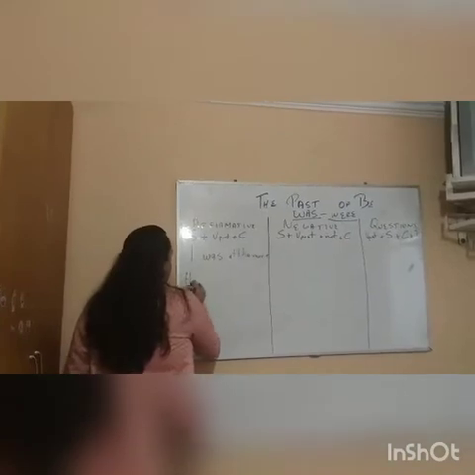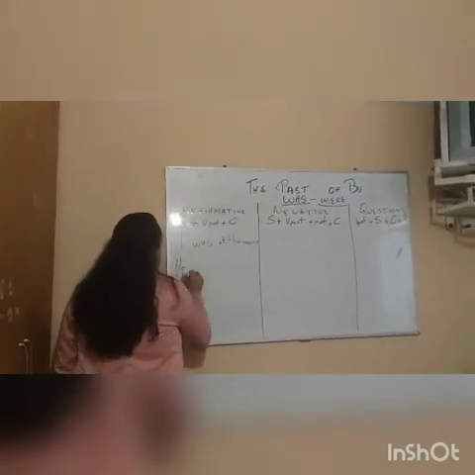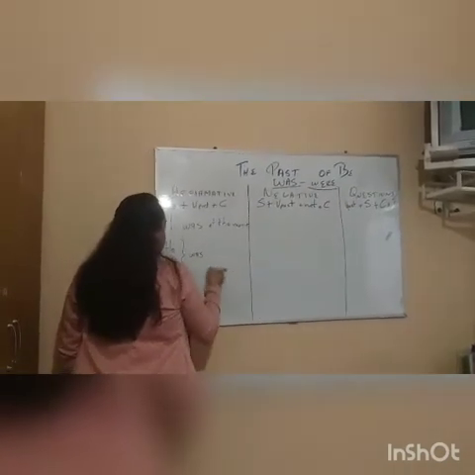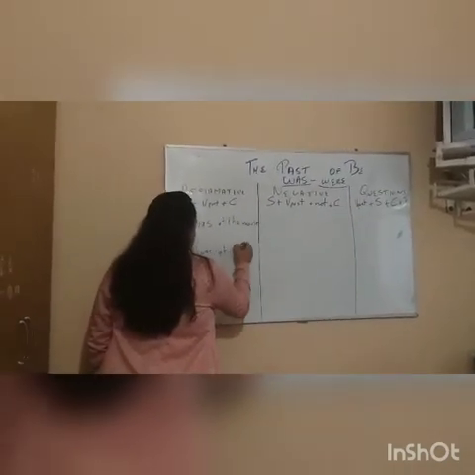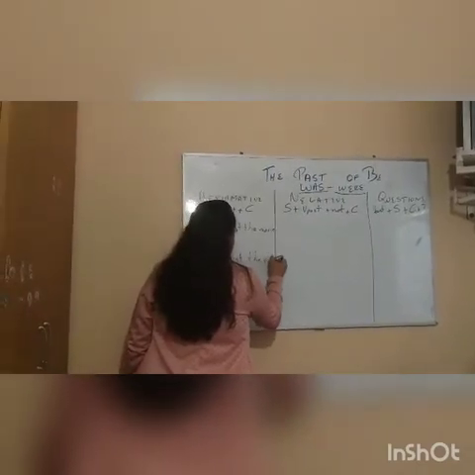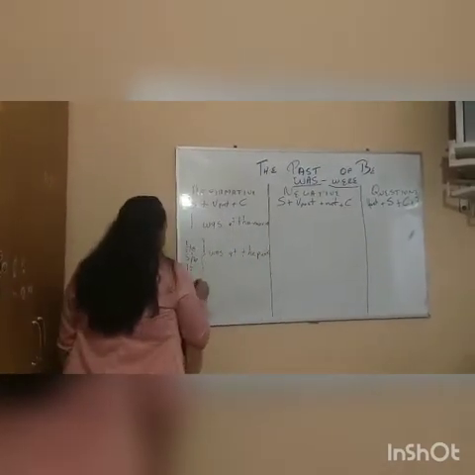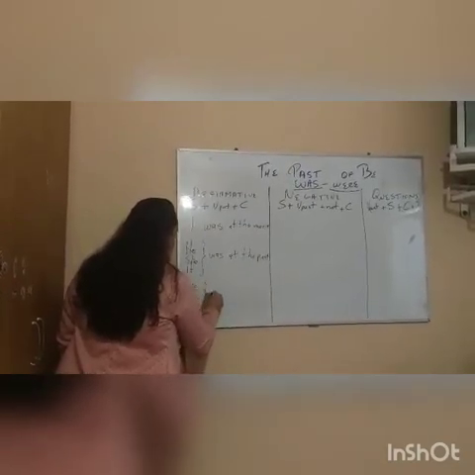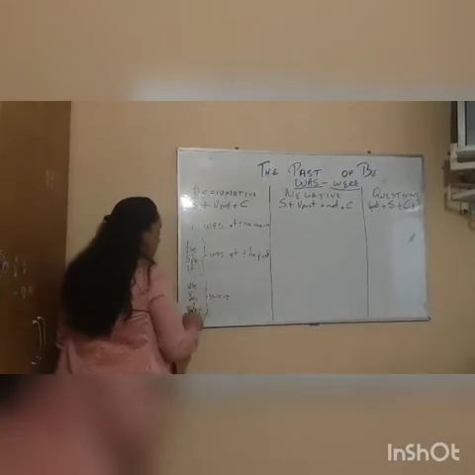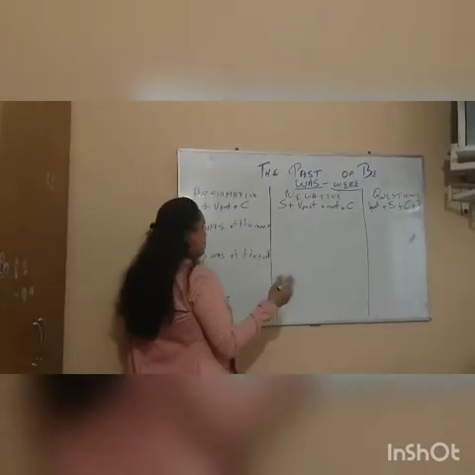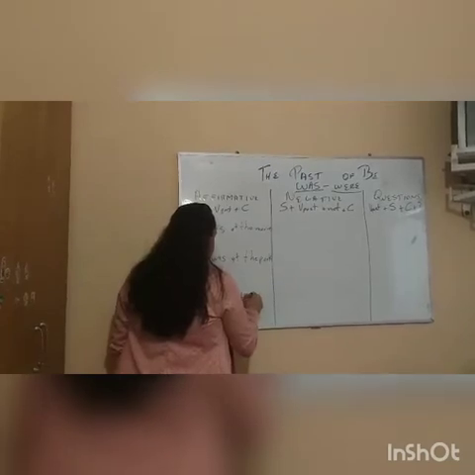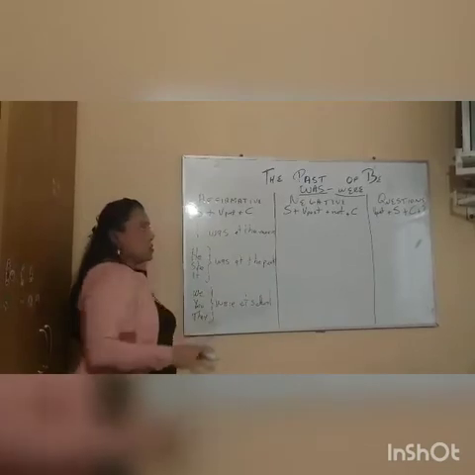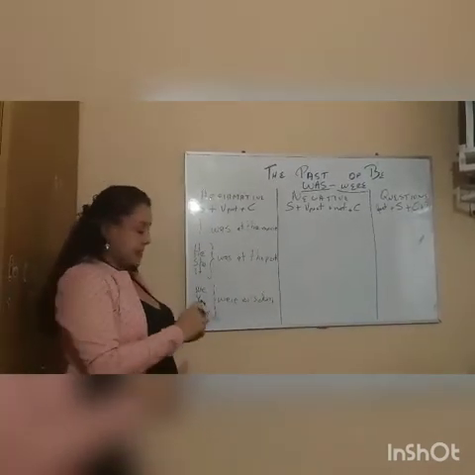He, she, or it, we use was at the park, for example. And they, we use with were because they are plural. We were at the school. That is the way that we can use the past of be in the affirmative statements.